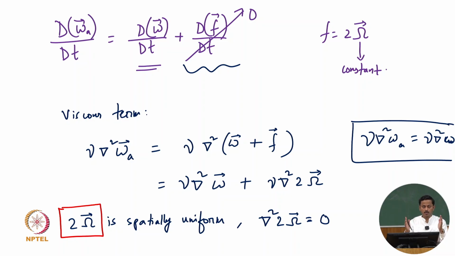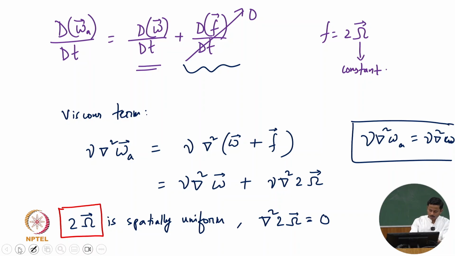Hence, with a constant angular velocity, which we have assumed to be omega, viscosity cannot act on those particles. But of course, if there is a non-uniform rotation, then viscosity will kill the gradients in that absolute vorticity also.